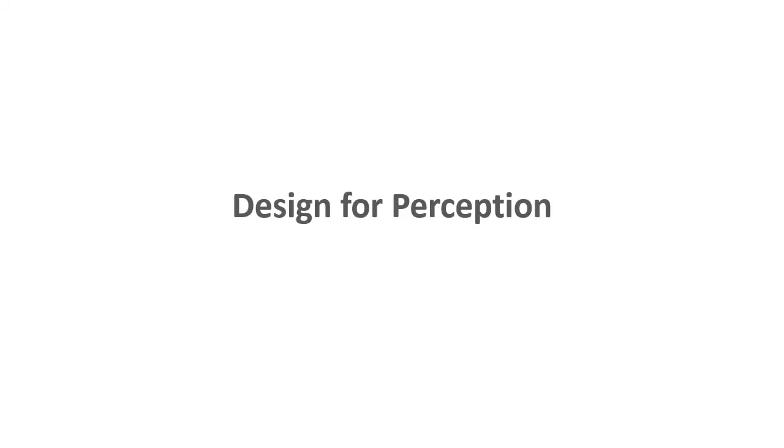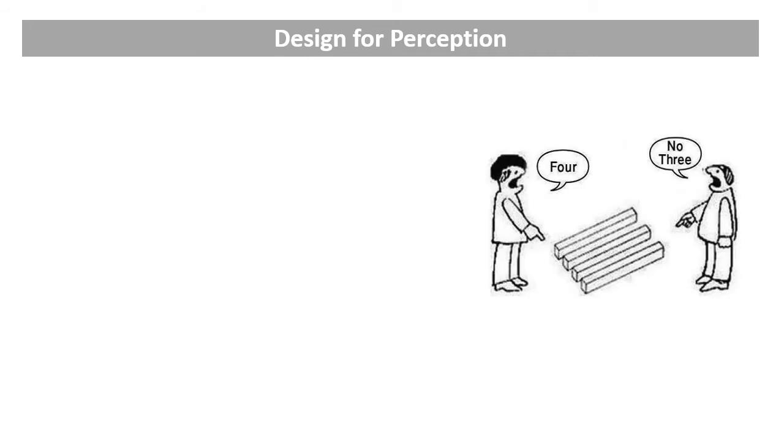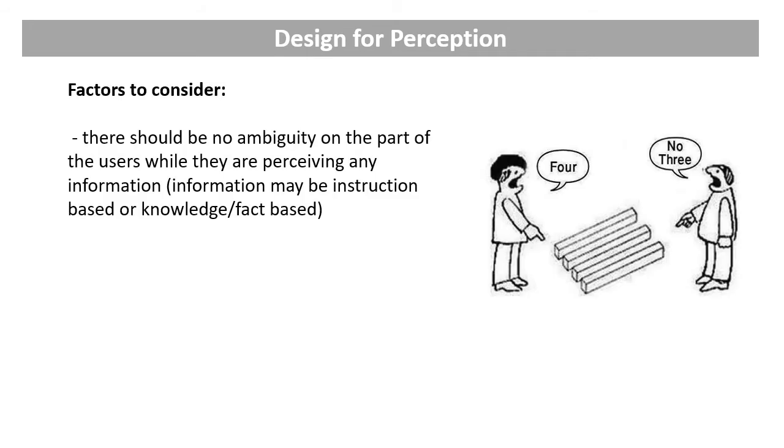Now let's move on to design for perception. So here again, what are the factors to be considered when we are designing for perception is that there should be no ambiguity on the part of the users while they are perceiving any information, right?